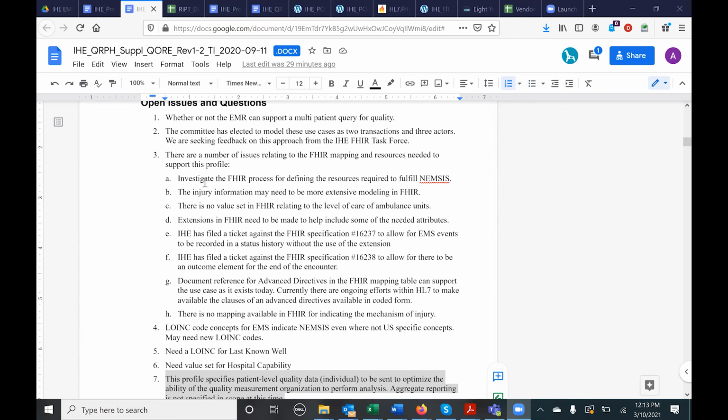Yeah, this is not usually pertinent to the workflow of the EMS crews. It's more of the back end, like whoever is in control of reporting to your state or your registry. It's kind of the back end piece of this.